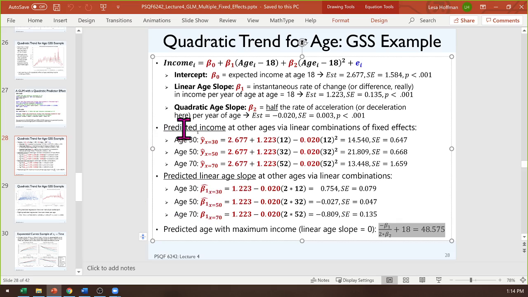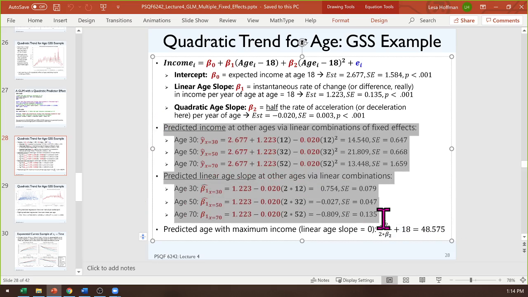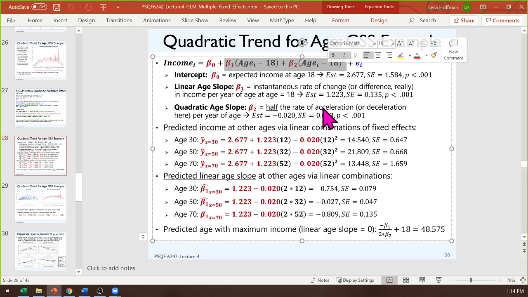I'm giving you these additional predictions just to illustrate how the model works. This is not something I'm asking you to do in your homework. In your homework, I'm asking you just to fit a quadratic model and to tell me for each of the slopes whether it's positive or negative, significant or non-significant, and to recognize which of the 4 kinds you have. More positive, less positive, more negative, or less negative.